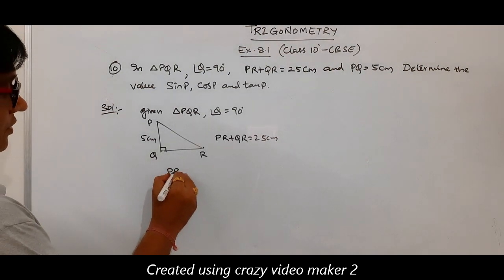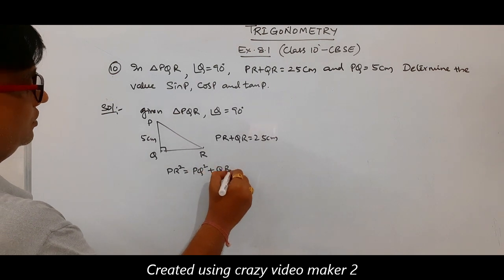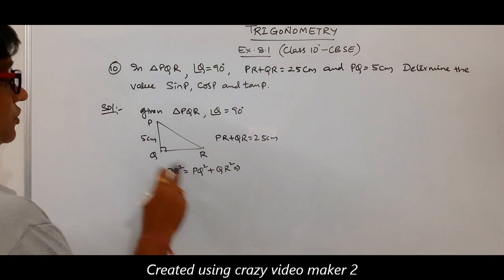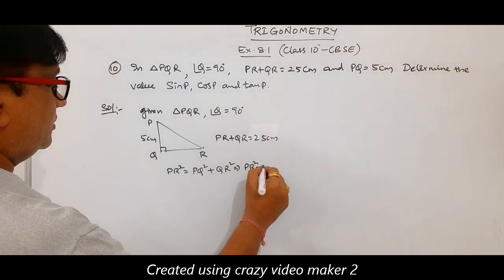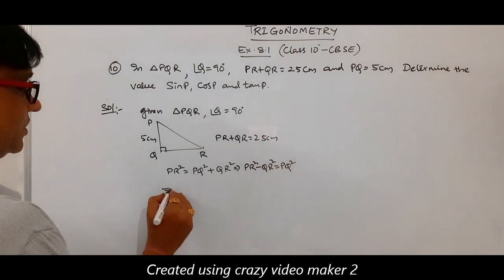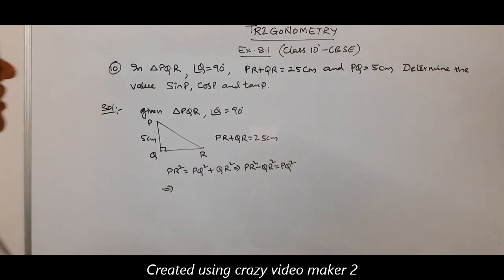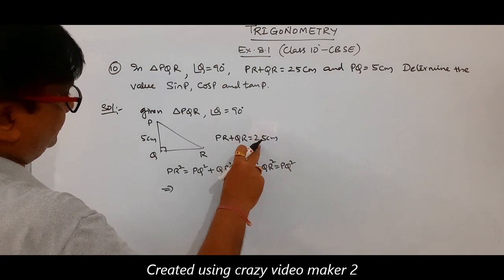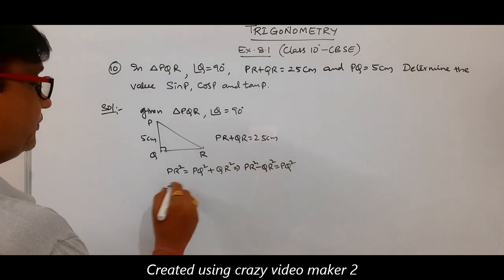Now PR square equal to PQ square plus QR square. PQ we know is 5, so we can write PR square minus QR square equal to PQ square. Because here they are given PR plus QR, with the help of PR plus QR and PQ we get the PR minus QR value.